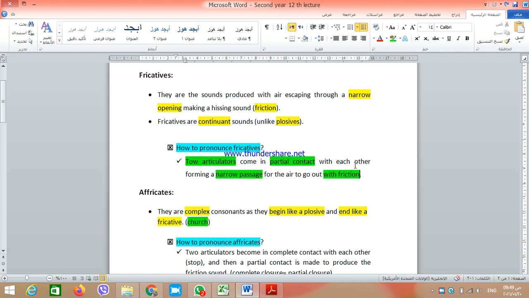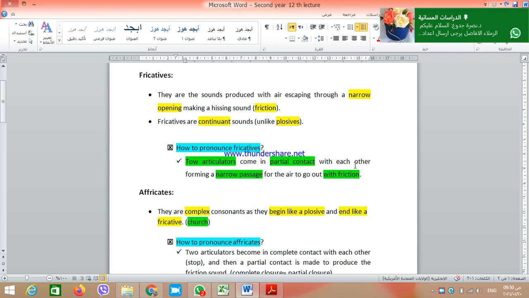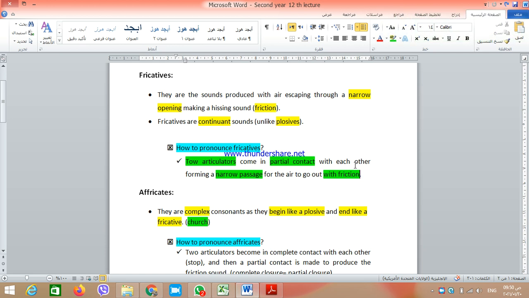So for example, if we take the sound f, in f, the lower lip is raised to be in contact with the upper front teeth. And this contact between the lower lip and the upper front teeth is not a complete one.